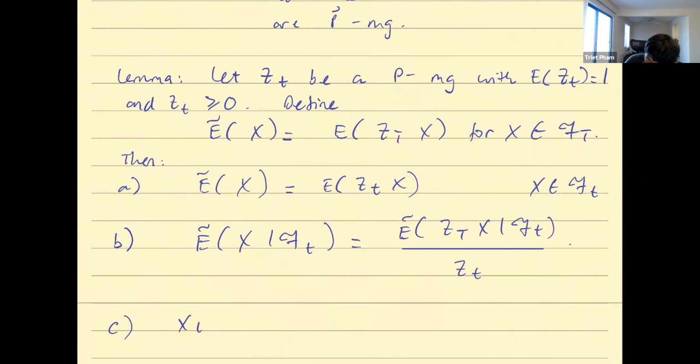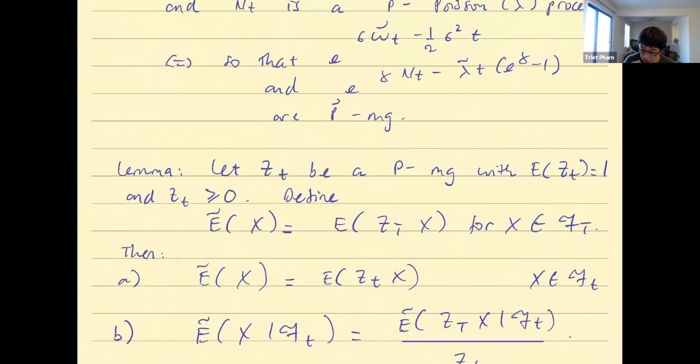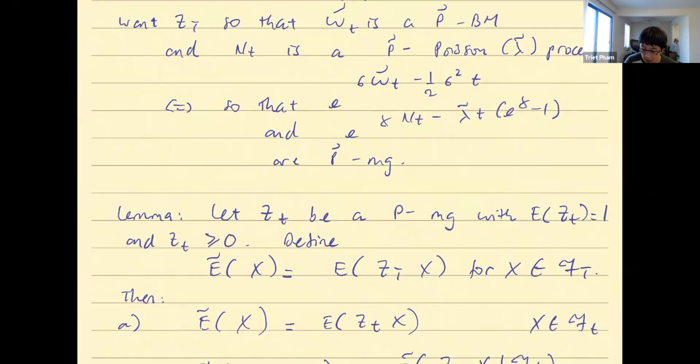So XT is a P tilde martingale if and only if XTZT is a P martingale.